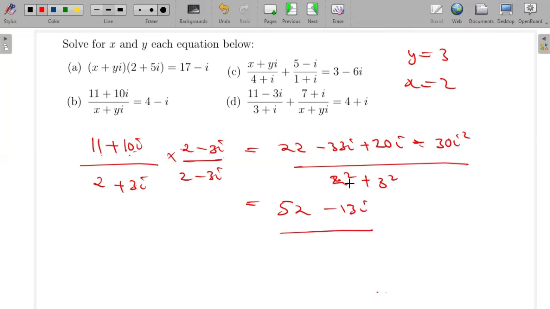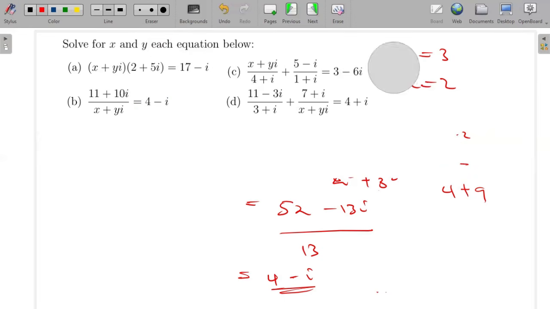Down there, 2 squared is just 4 plus 3 squared is just 9. So you have 4 plus 9 gives you 13. So 52 divided by 13 gives us 4, and 13 into 13 is just 1. So you get i. And you see you get the other side there, which proves that our answers are correct.